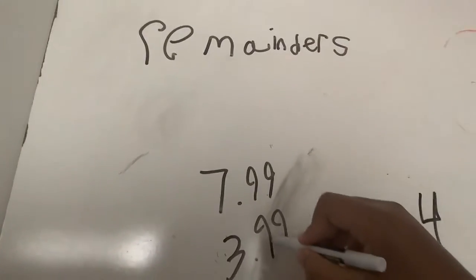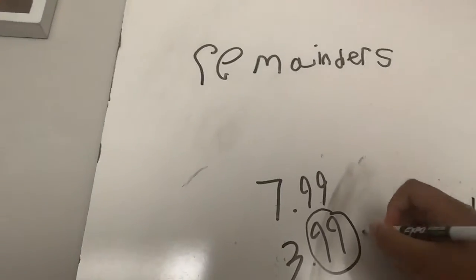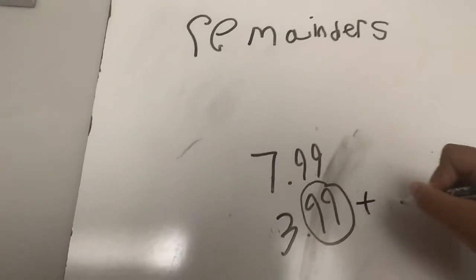So what I'm gonna do is say this. Just gonna add 1 cent, giving us a whole $1. That comes to $4.